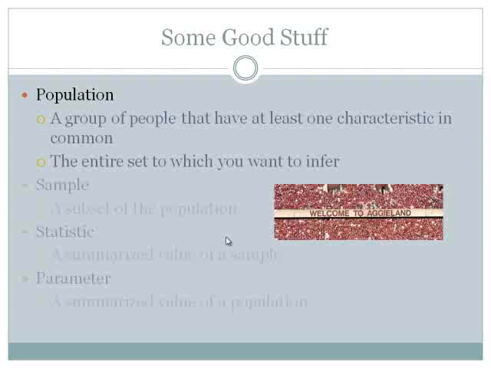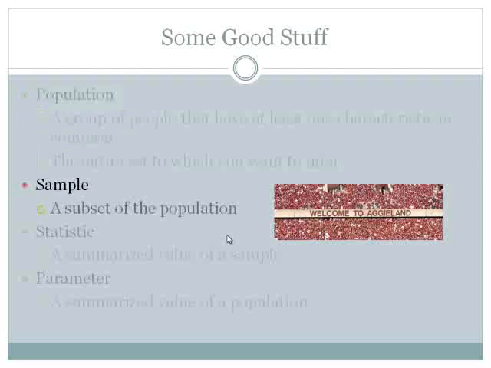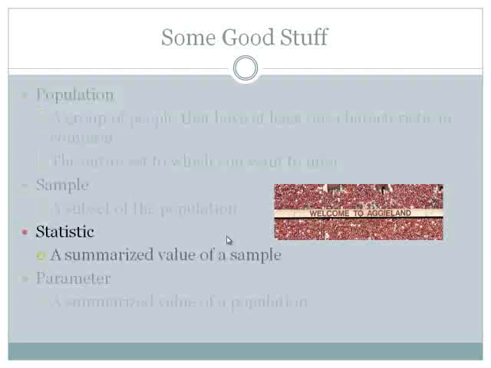So in the previous slide, I talked about a population. Population is a group that has at least one thing in common, and it is the group to which you want to refer back to after the research process. So an example of a population is all Aggies, and then a sample is a subset of that population. The next term is statistic, and notice that there's no S at the end of it. So a statistic is a summarized value of a sample.